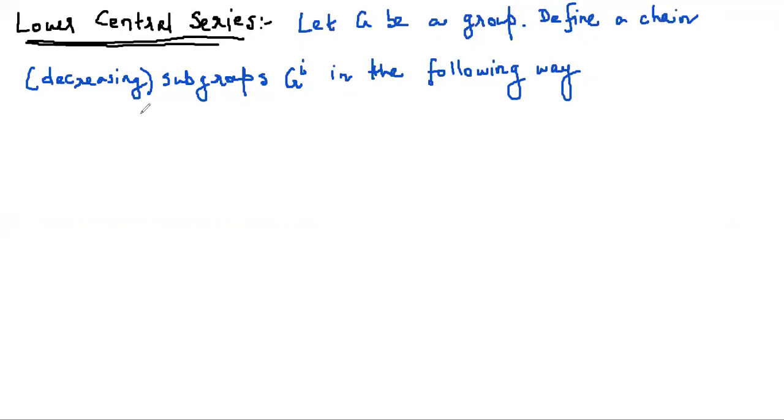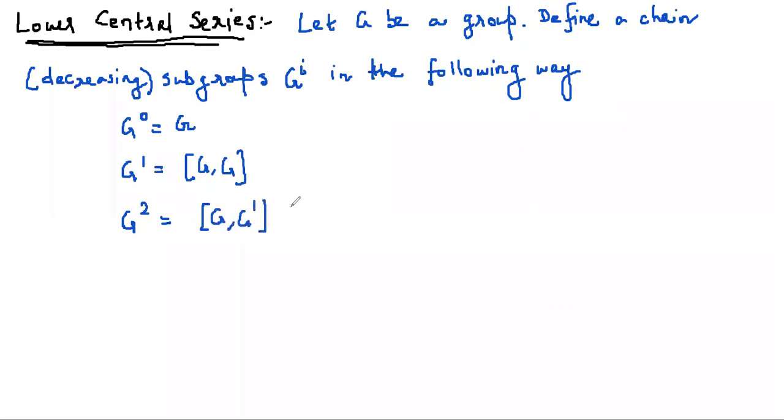Okay, so we define G naught to be G, and we define G1 to be the derived subgroup [G, G]. And G2 we define as [G, G1].